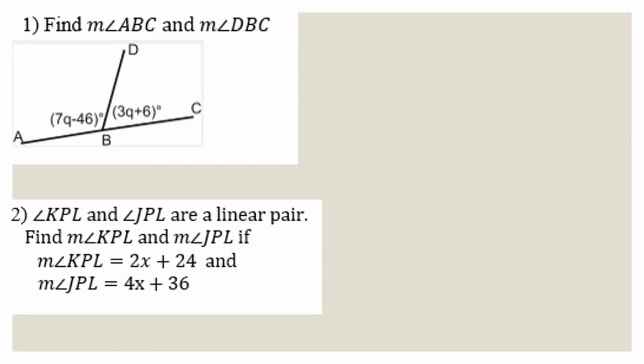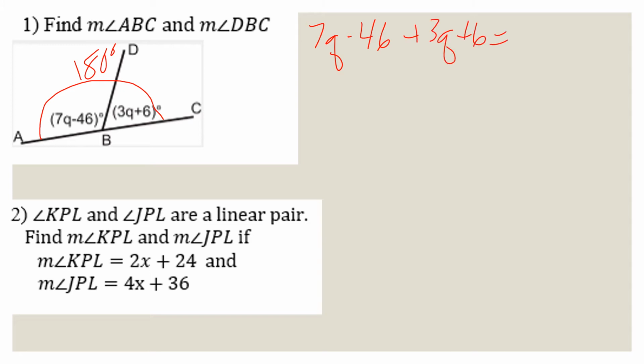So to find the measures of angle ABC and angle DBC. For number 1, this is a linear pair, so we know that this whole thing is 180 degrees. So we can set that up: 7q minus 46 plus 3q plus 6 equals 180 degrees.